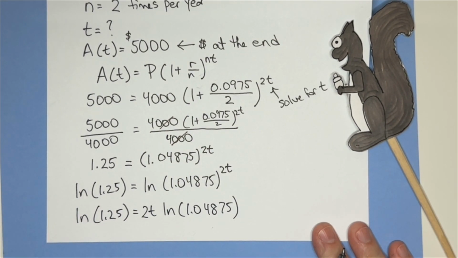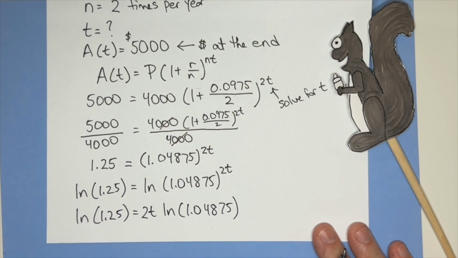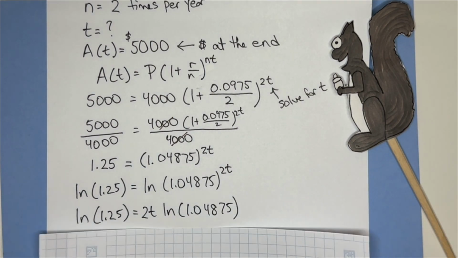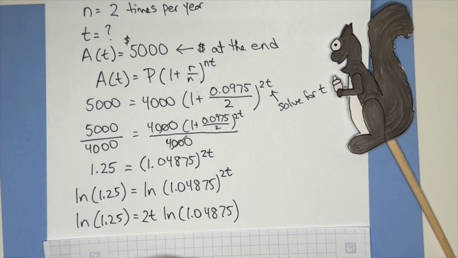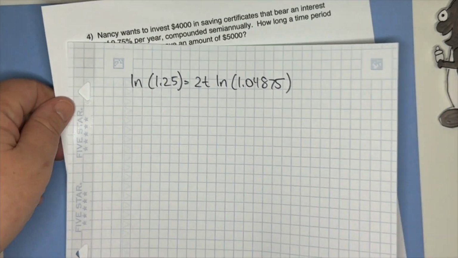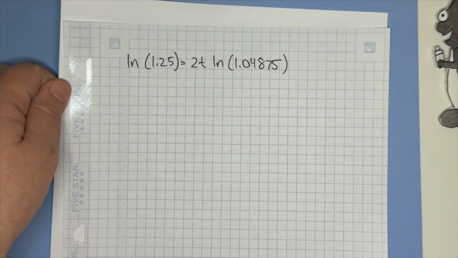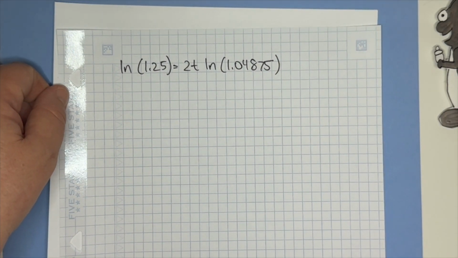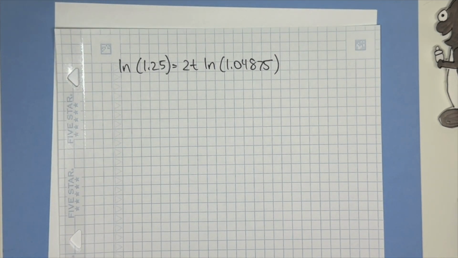Okay, let me grab a piece of grid paper so that I can keep going. Okay, so I'm going to copy it down onto the next page. Natural log of 1.25 equals 2t times the natural log of 1.04875. Okay, so then what? Well, at this point, it's important to remember, if you ever get confused, try to remember, what am I looking for?